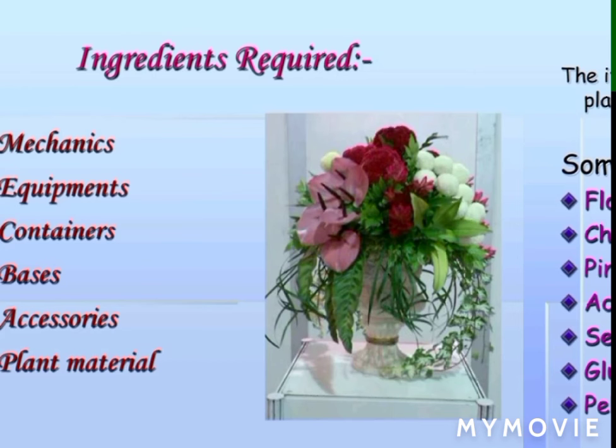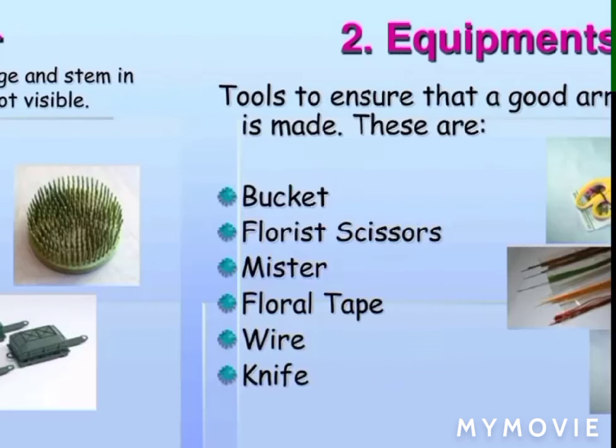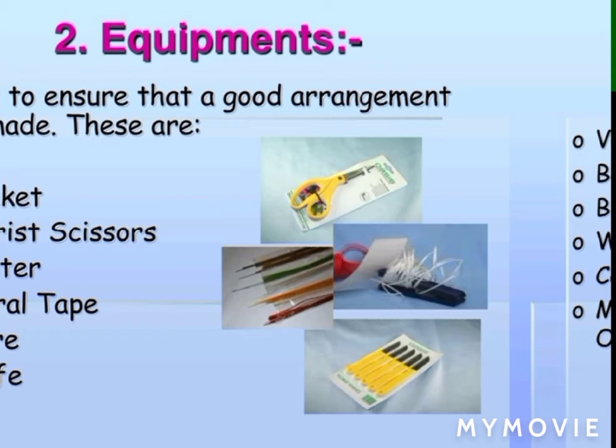Plant material includes flowers, leaves, stems, etc. Mechanics are the things which we use: floral foam or oasis, chicken wire, wire mesh, pin holder placed in the picture above, adhesive tape, setting clay, glue, pebbles and marbles. Then we have equipment which is used to make the flower arrangement, like bucket, florist scissors, mister, floral tape, wire and knife.